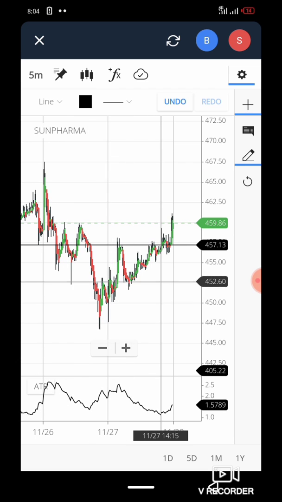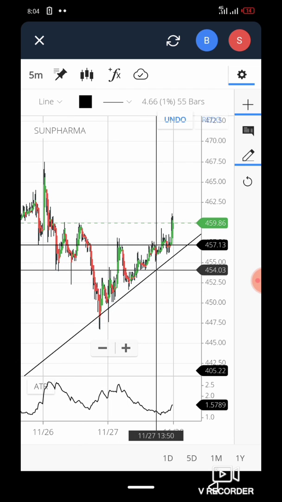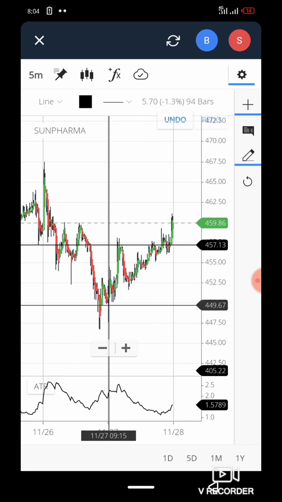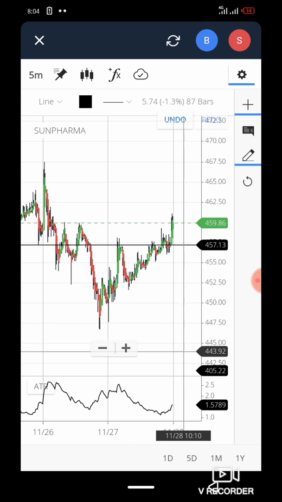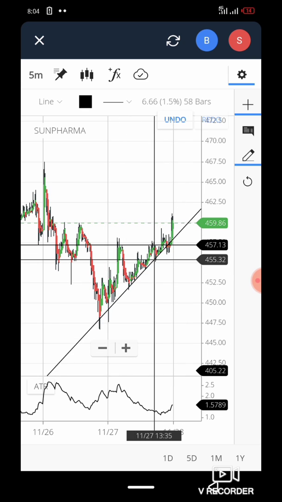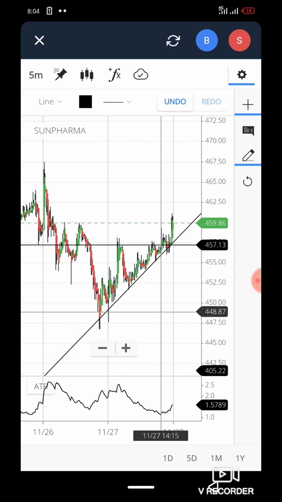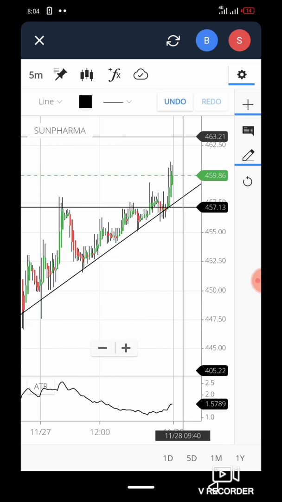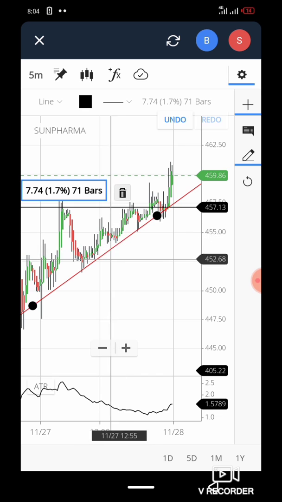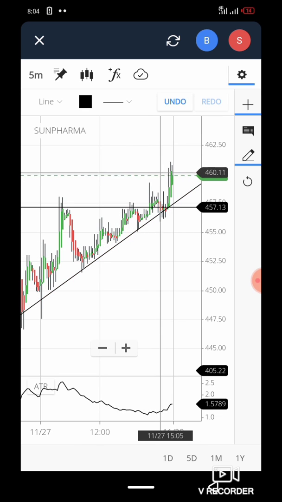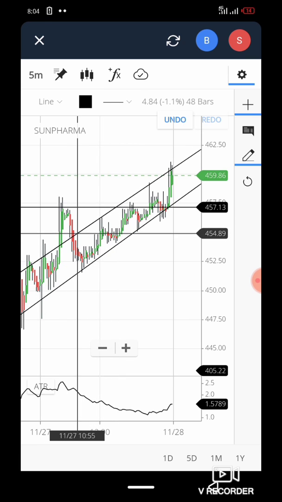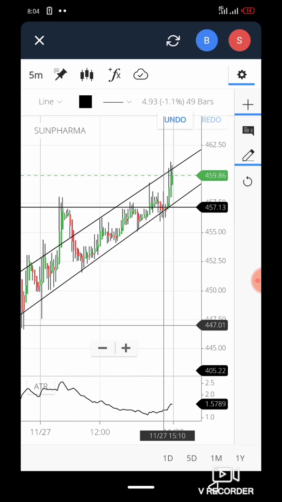If you can understand this price action, you see the touches: one, two, three, four touches. This is the demand zone. If you are asking me what the selling zone is, this is the selling zone.